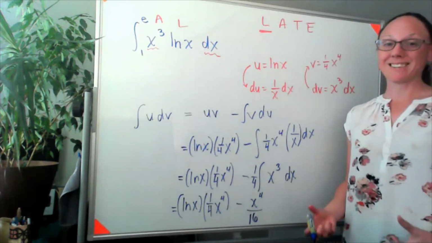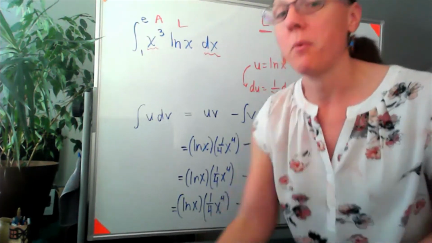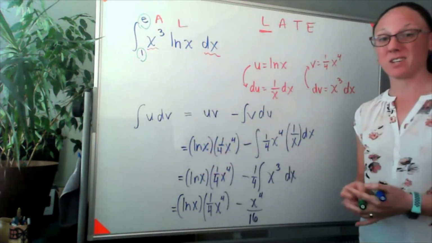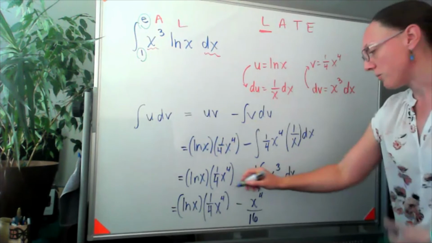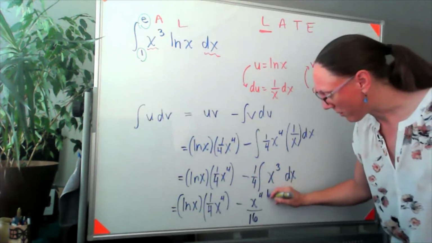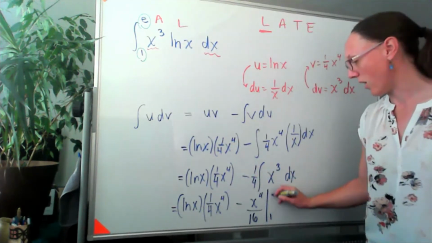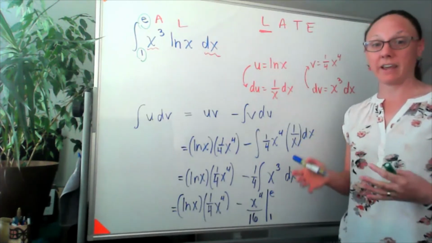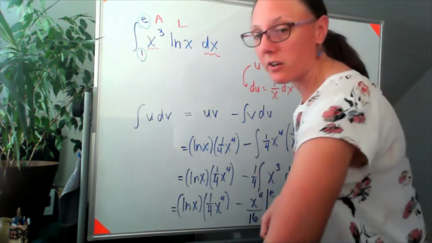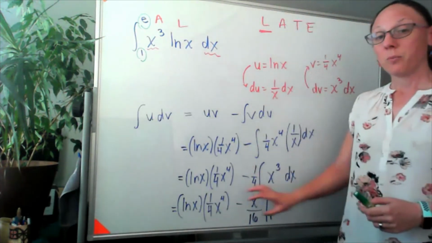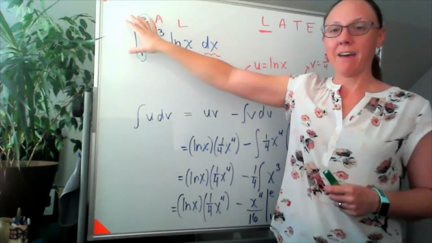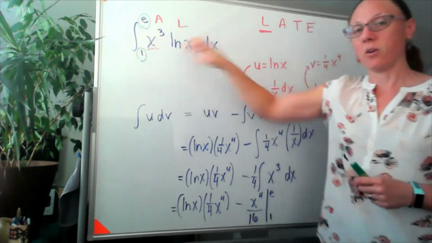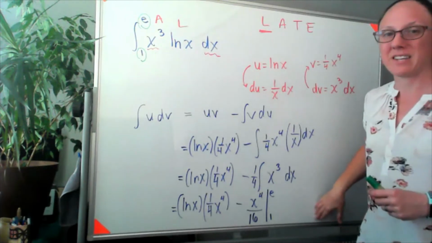Now I'm not putting a plus c on this, because if we come all the way back up to the beginning, this was a definite integral, so I have bounds to plug in, which means I'm now going to draw my vertical line and be plugging in the 1 and the e. Just as a point to be careful about, whenever I have a definite integral and I've got values here, then when we're done, we're expecting to get a number.